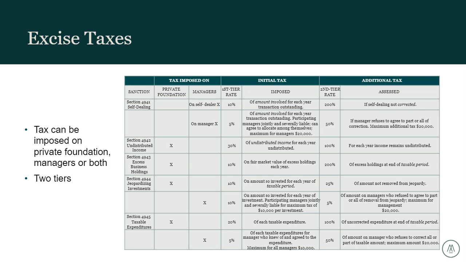Generally, further taxes such as the second tier tax are applied after a correctable tax event within the correction period. The correction period is the day after the investment happened and ends 90 days after notice of deficiency received in connection with the second tier tax that was imposed.